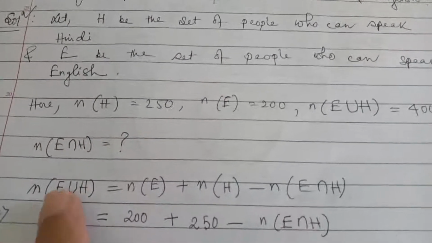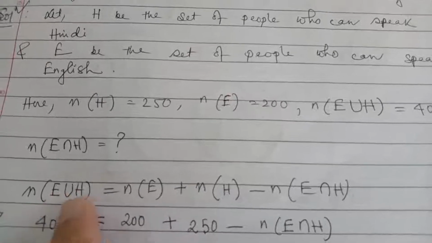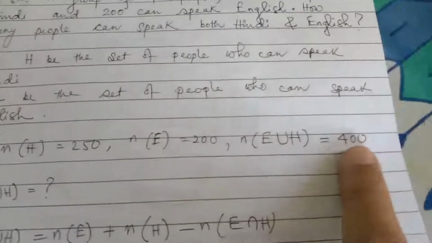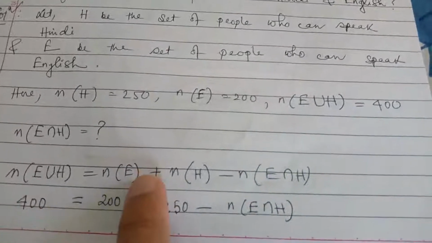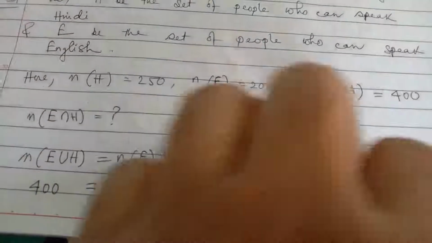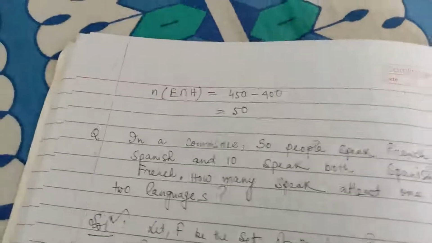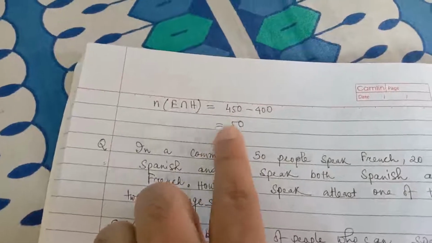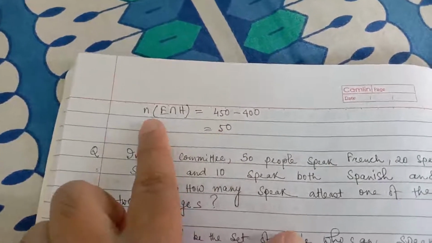So this is the formula. We know n(E union H) equals 400, n(E) equals 200, n(H) equals 250, and we have to find this. And you can see n(E intersection H) equals 50. That means 50 people can speak both English and Hindi.